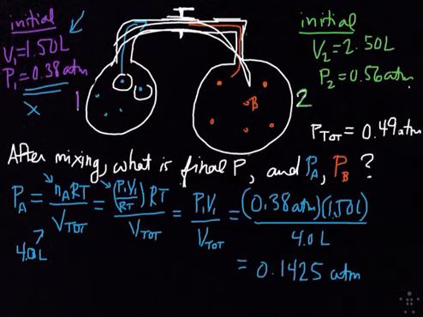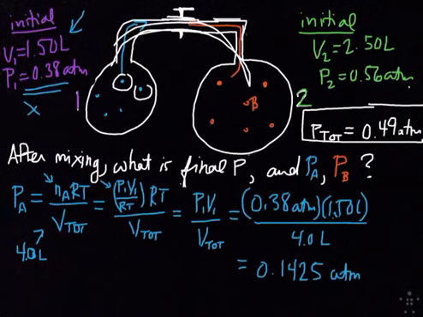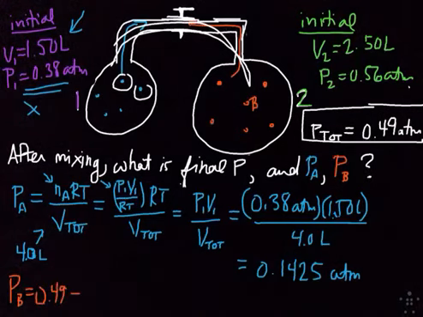And so that's, if my total pressure is going to be 0.49, then I already can figure out that my PB is going to have to be 0.49. Oh, let me write PB here. Is going to be 0.49, so P total, minus PA, which is 0.14.